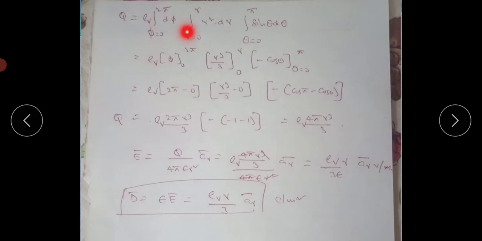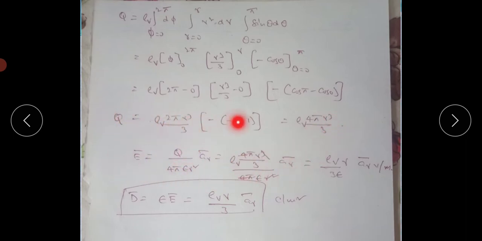Integral d phi equals 2 pi; integral r square dr is r cube by 3, limit 0 to r; integral sin theta is minus cos theta, limit 0 to pi. So rho v into 2 pi minus 0, r cube by 3 minus 0, cos pi minus cos 0. So rho v into 2 pi r cube by 3 into minus of minus 1 minus 1. Finally it equals rho v into 4 pi r cube by 3.